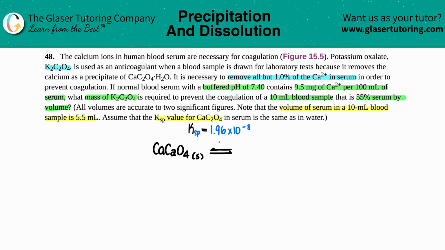This dissociates into its 2 ions. They told us that it was Ca2+, so thank you for that, Ca2+. That is aqueous, there's a charge. And then, since there's 1 calcium for 1 oxalate, the charge for C2O4 is 2-. Plus 2 minus 2, that equals out. So that's aqueous. Okie dokie.